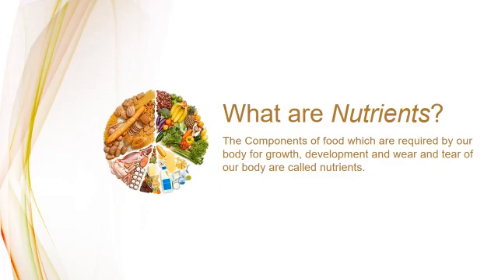These ingredients contain some components that are needed by our body. These components are called nutrients. So, what are nutrients? The components of food which are required by our body for growth, development, and wear and tear of our body are called nutrients.